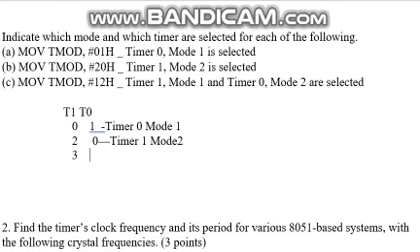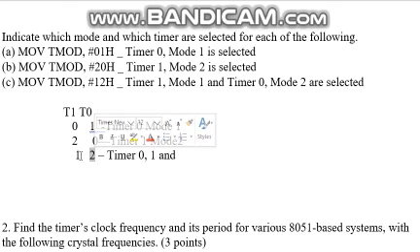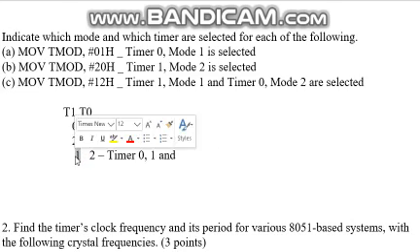The third case contains what? 12H. So 12H means 1 is there in T1 and 2 is there at the T0 position. So here I am using timer 1 as well as timer 0. Timer 0 and 1 both are used, and now timer 0 will be used in mode 2 and timer 1 will be used in mode 1.